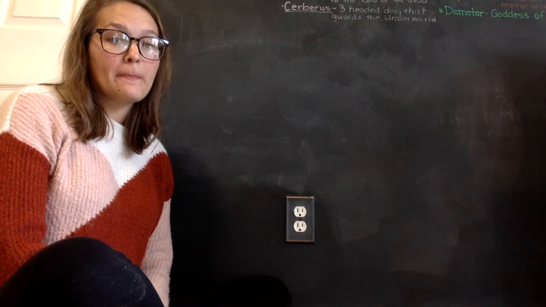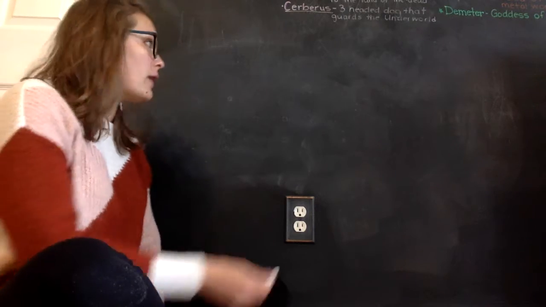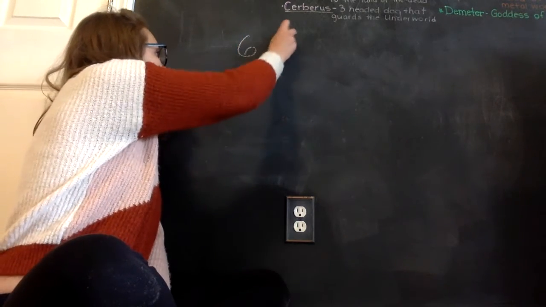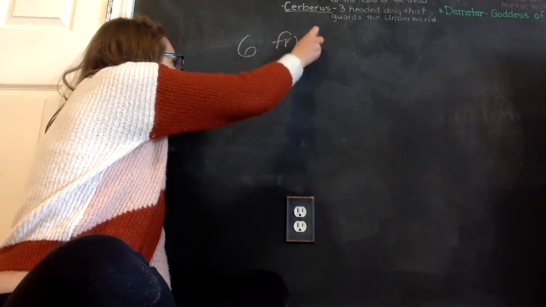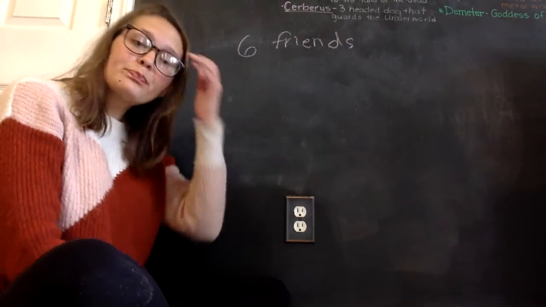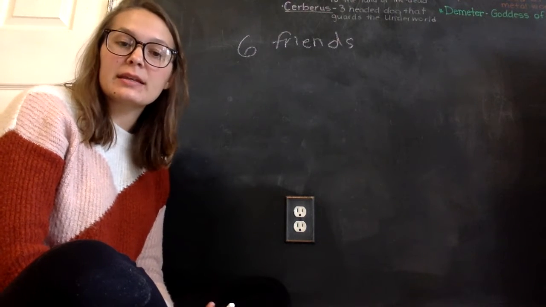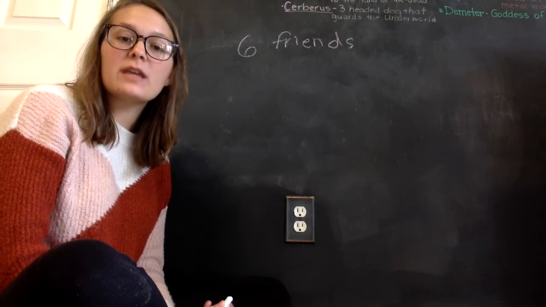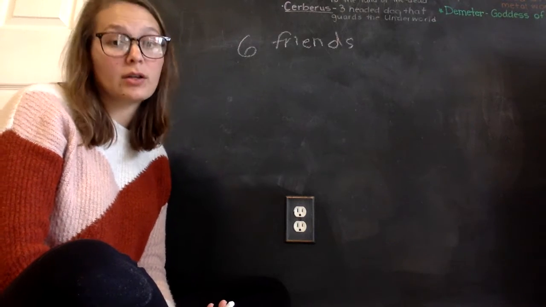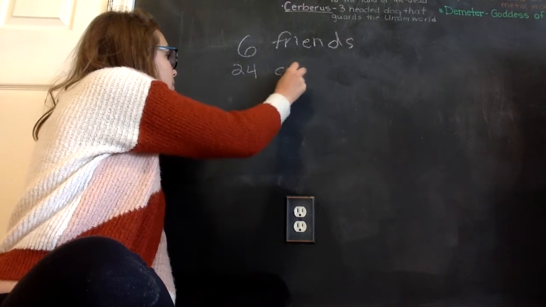We know that he wants to share cookies with 6 friends. I hope I'm one of Bobby's friends because I can go for some cookies right about now. We also know how many cookies he makes. It says if he makes 24 cookies.